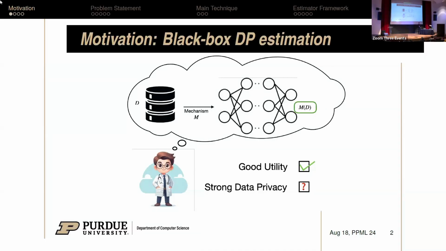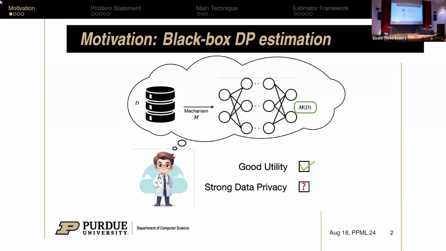Our work is motivated by the following scenario. We have a domain expert who knows quite well how to design a mechanism that can extract useful information over a data set, but he might not know how to show that their designed mechanism ensures strong data privacy. So we would like to provide a black box way for the domain expert so that he can empirically estimate how private their mechanism is.